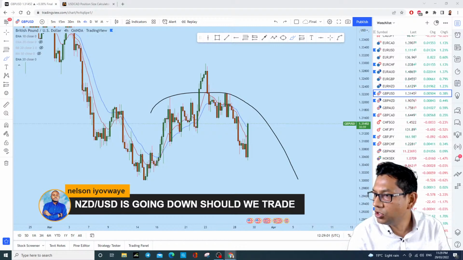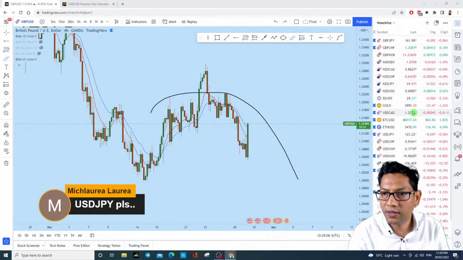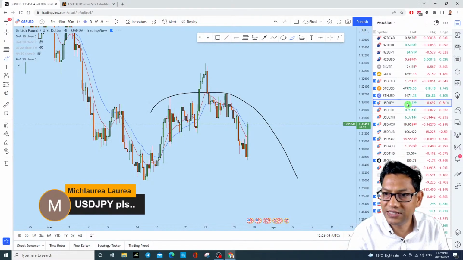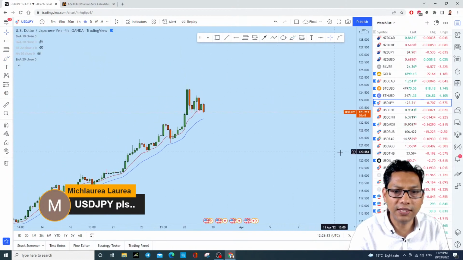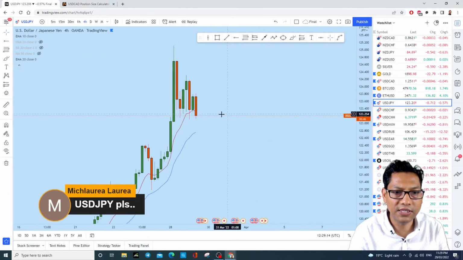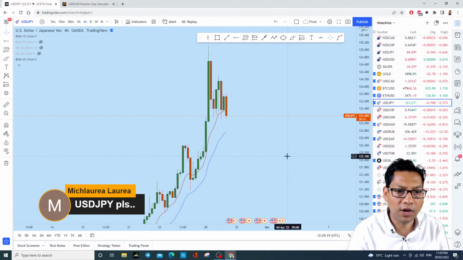Let's see dollar yen, USDJPY. So I saw that yen is still weaker. Okay, dollar is getting weaker. That's why dollar yen I also see falling. Not because of the yen, but because the dollar is weaker.